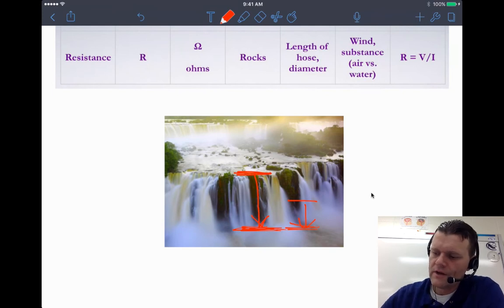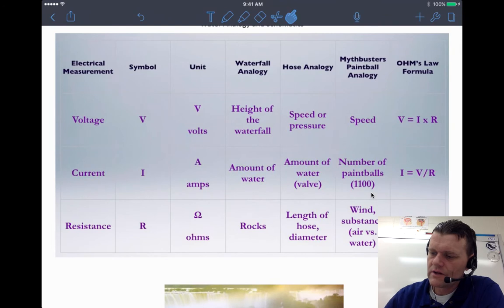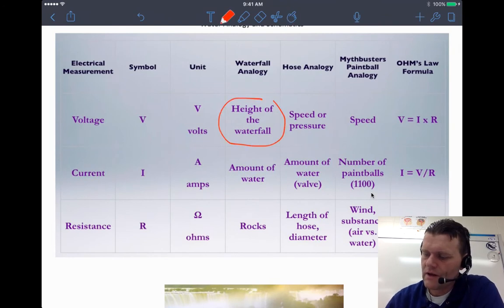So the idea there is that, as it says in this comparison, the height of the waterfall is analogous to voltage. Now, with the hose, if you're talking about a garden hose, voltage is the speed or the pressure.